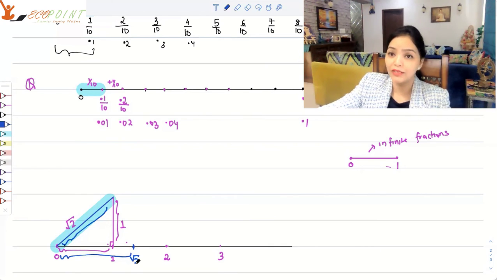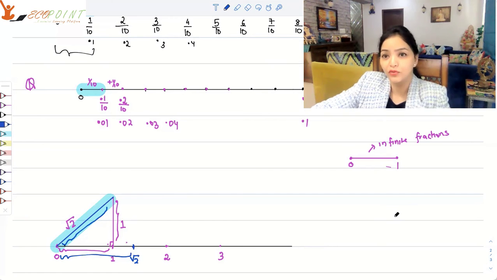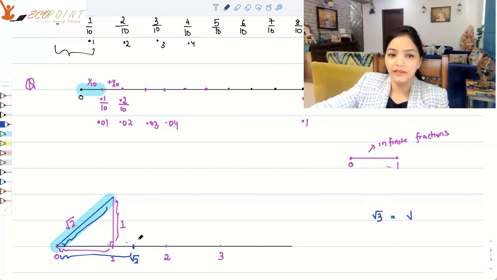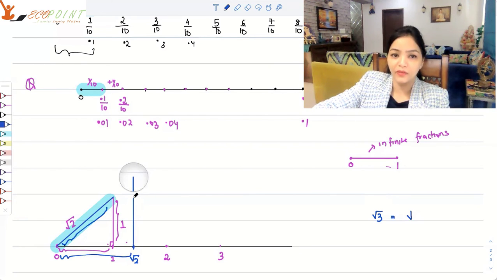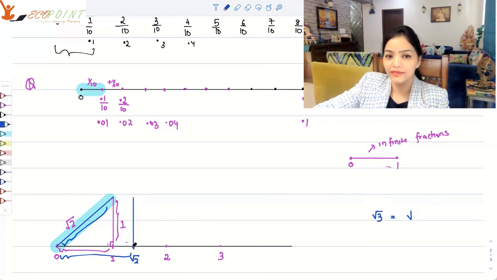So the fun part is that in the same way I can find out √3, √2, √4, which is 2 only, √5, and so on and so forth. So if you want to understand what is √3, in the same manner I create another triangle, taking the base up till √2, and height as 1 only.